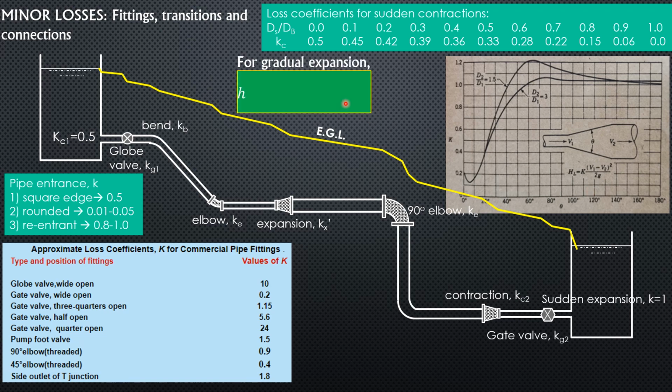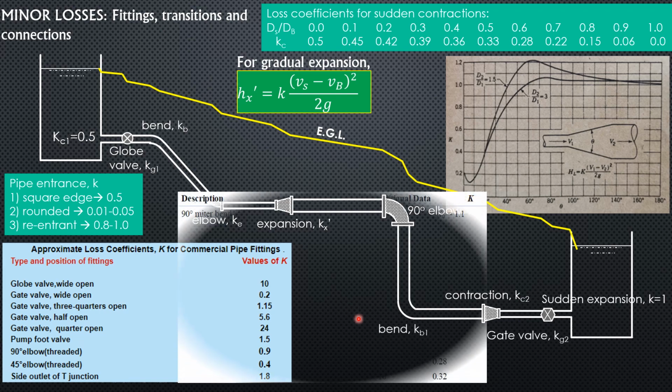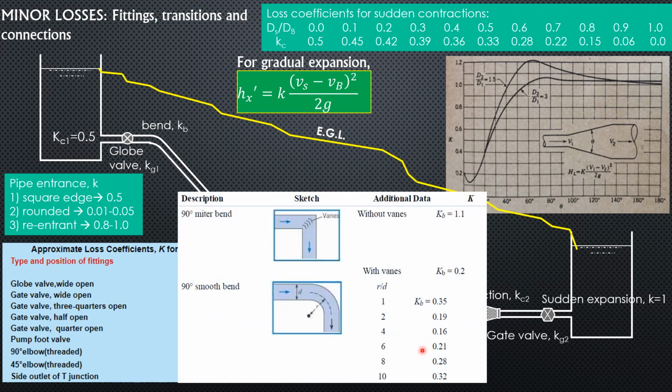So for gradual expansion, H_x prime is K times the quantity velocity in the smaller pipe minus velocity in the bigger pipe, squared, over 2g. I just changed that to this. They're the same. Then that's the bend I mentioned.